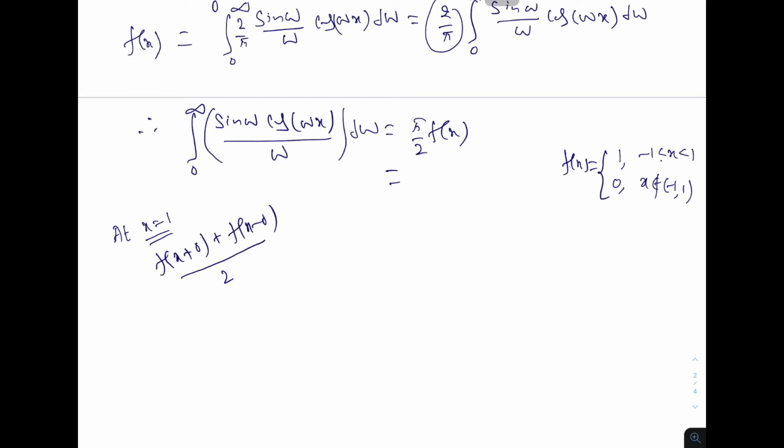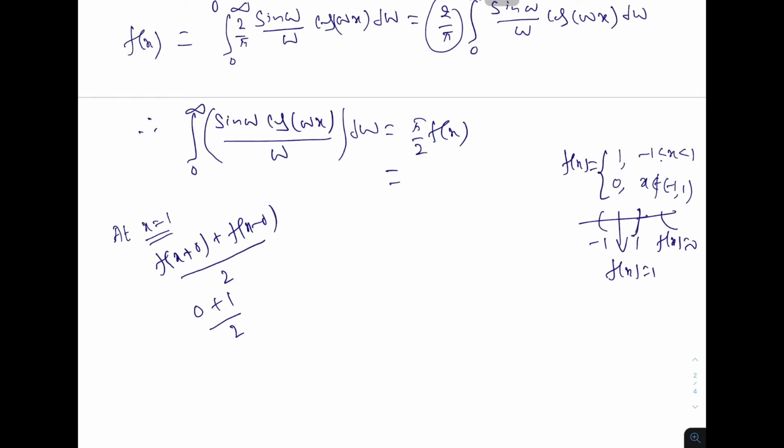The value of f(x) is 1 in the interval and elsewhere it is 0. So on the right side of 1 the value is 0 and on the left side of 1 the value is 1. So at x equal to 1 we need to take the average.